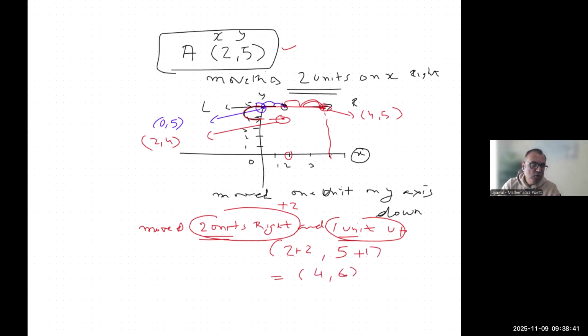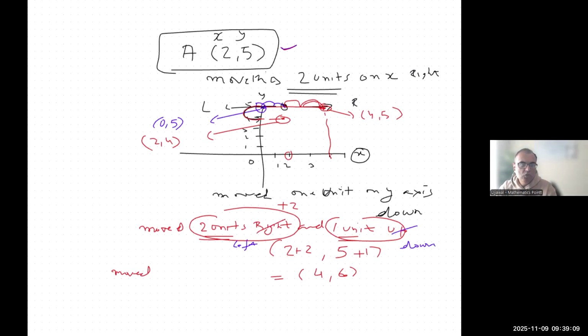Now if I have moved, rather than 2 units right, 2 units left and 1 unit down, what is my new position? I'm still using 2, comma 5, my original position.